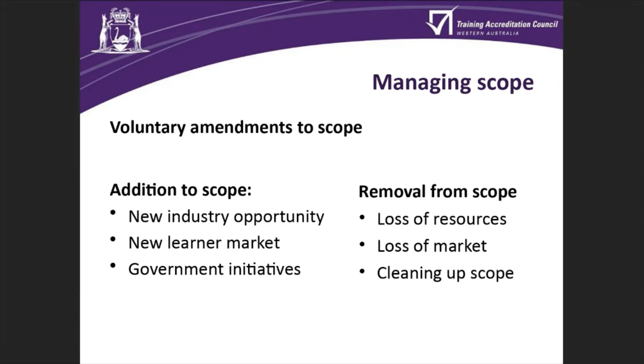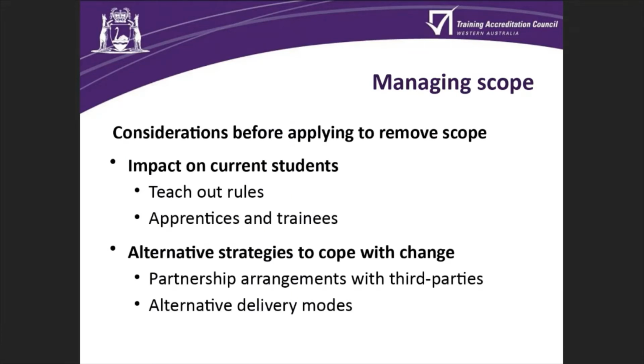When it comes to removing scope, you need to consider the circumstances that can impact on your decision. If we look at the next slide, you can see that you need to start asking questions about what is the impact of removing scope on our current students.